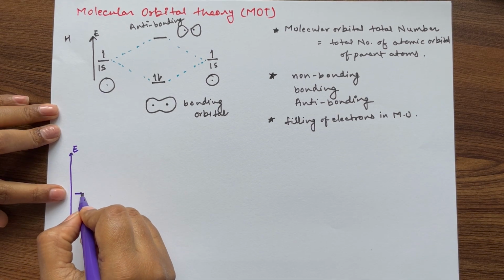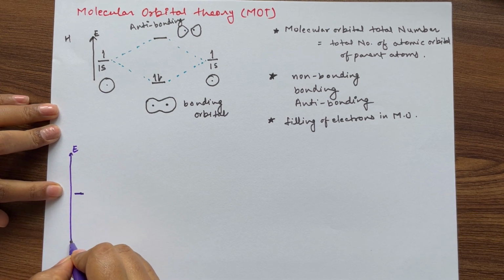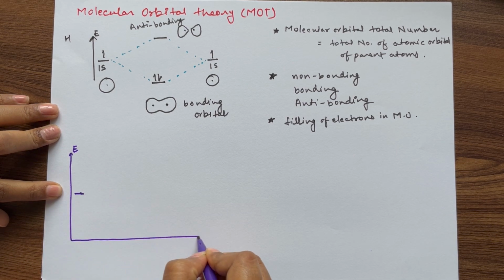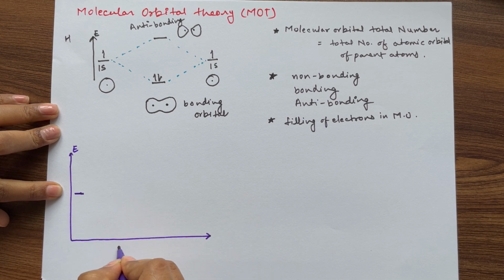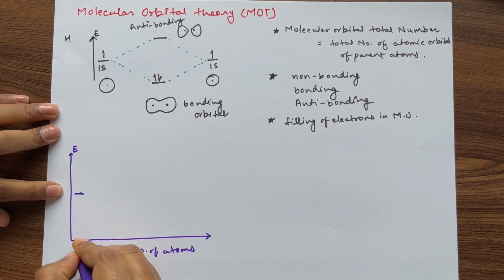For a single atom of hydrogen, there is one energy level, or we can say there is one orbital associated with a single energy level, and we can plot it with energy versus number of atoms.